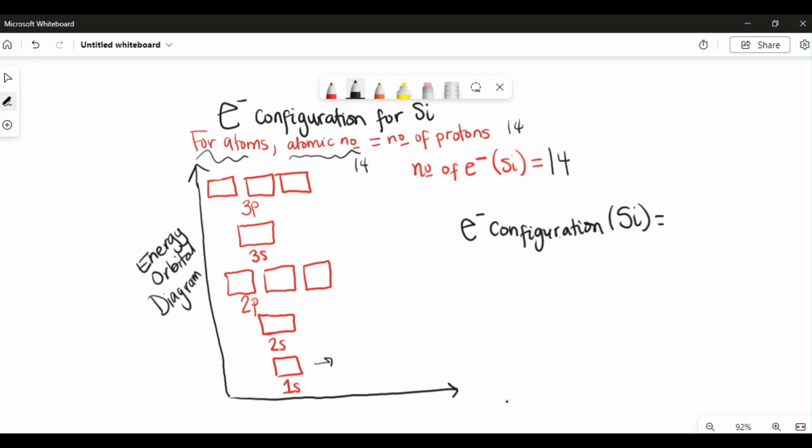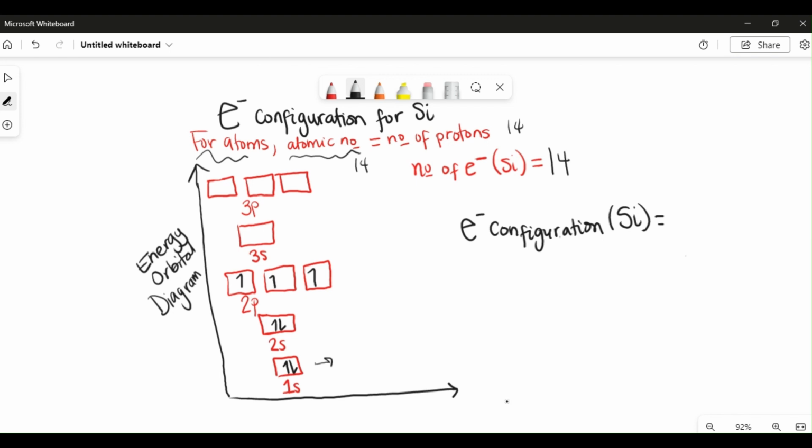So we're going to start with 1s, the lowest one. So we have 1, 2. And by the way, you're going to put 2 electrons in each orbital until you use up all of the electrons. So you have 2 electrons added, and then you have 3, 4. So you've got 10 electrons left. And then you have 5, 6, 7.